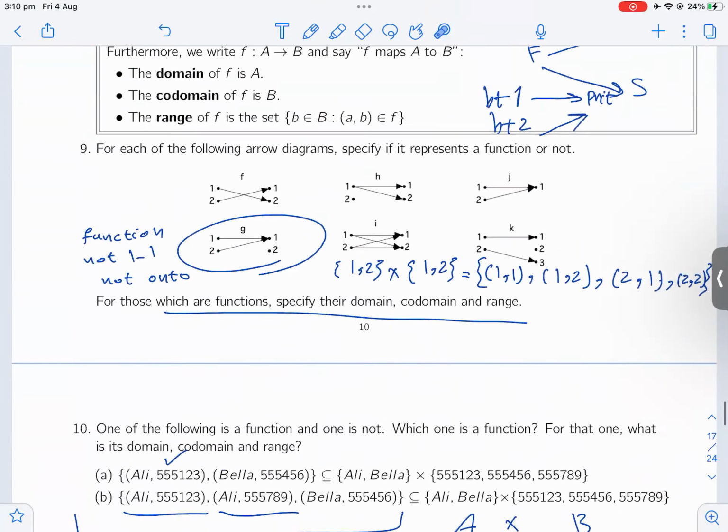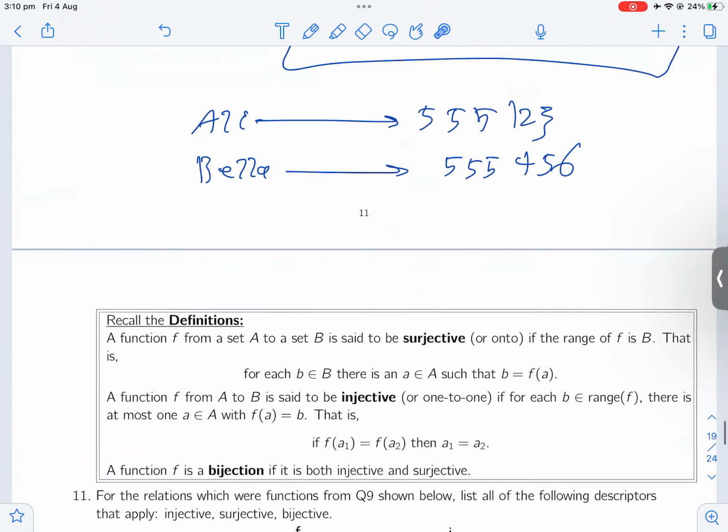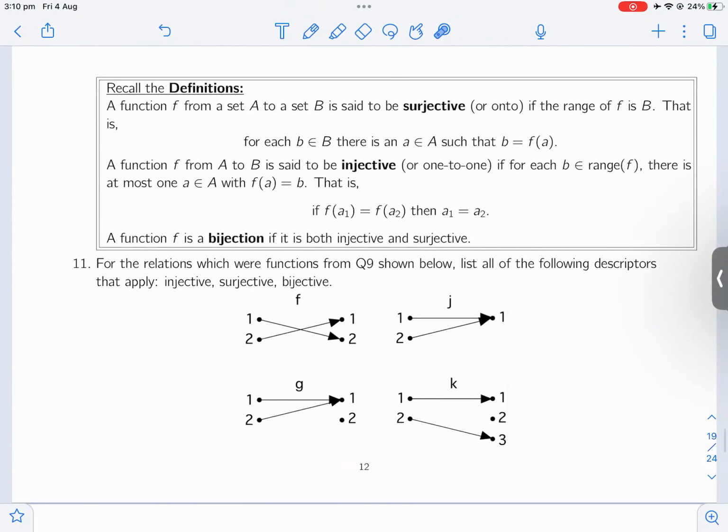Okay, so let's do this one. One-to-one. So we see that it's not one-to-one, it is one-to-one, not one-to-one.